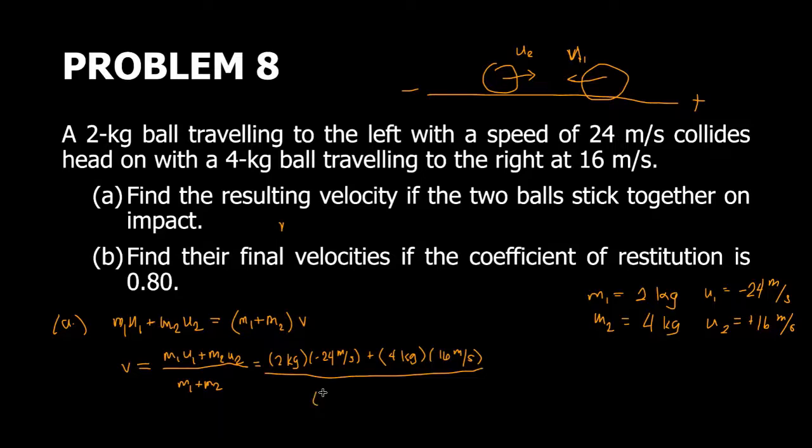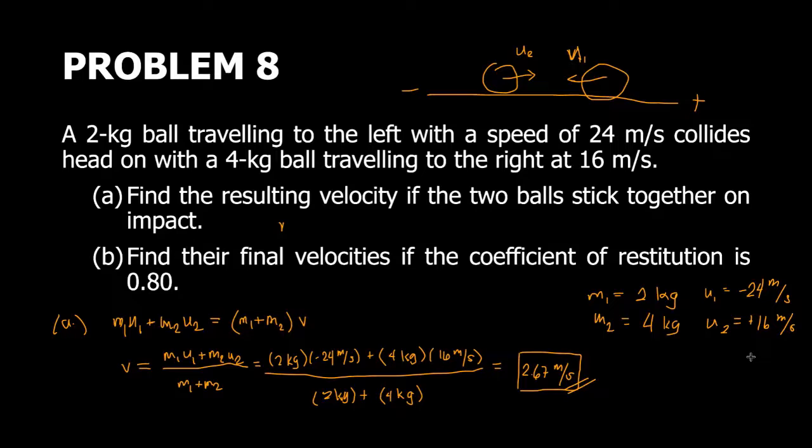That's 2 kilograms, plus yung m sub 2, that is 4 kilograms. So, input mo lang sa calculator yan. Let me check kung tama ang aking sagot. So, that's 2 times negative 24 plus 4 times 16 divided by 2 plus 4. That's positive 2.67 meters per second. So that's for letter A.